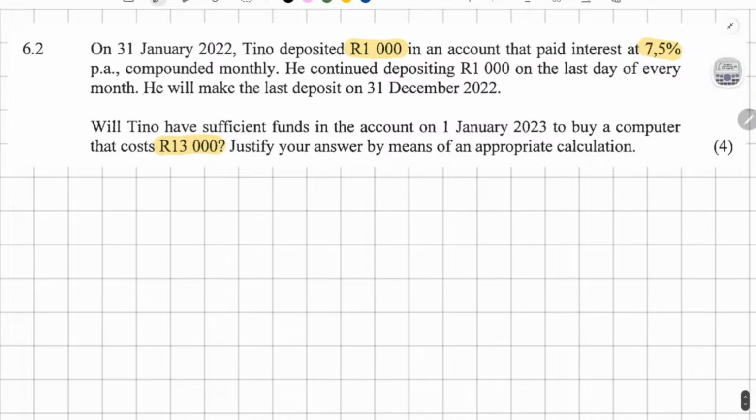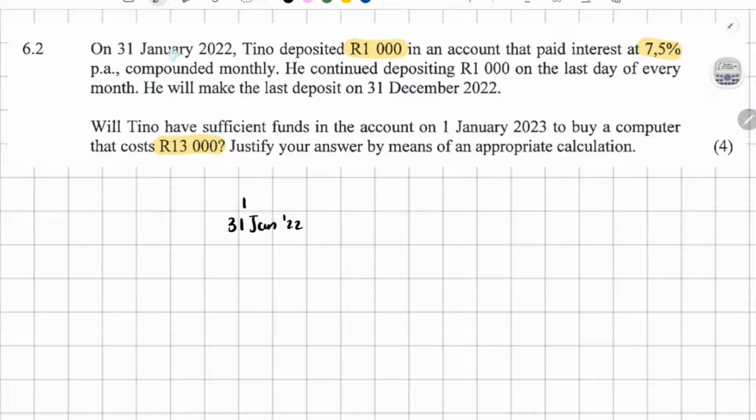So first of all, let's focus on the deposits. They told us that on the 31st of January, that was 2022, he deposited 1,000. Then he continued depositing 1,000 on the last day of every month.